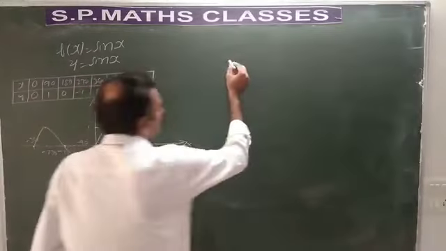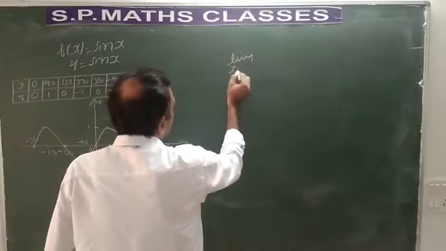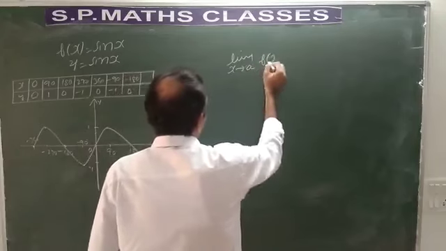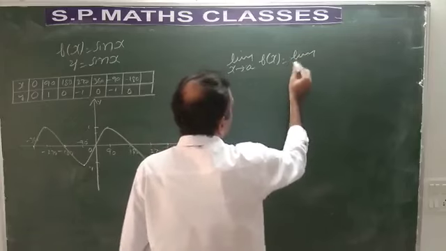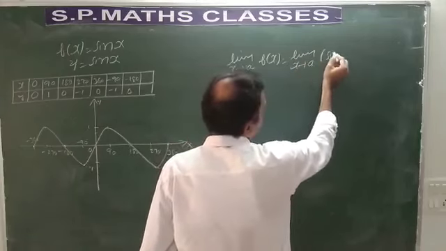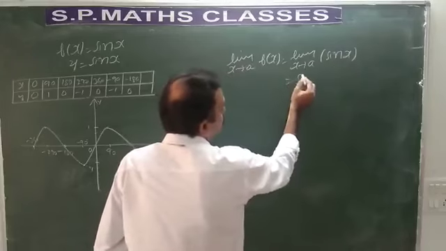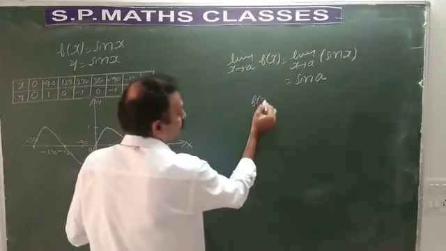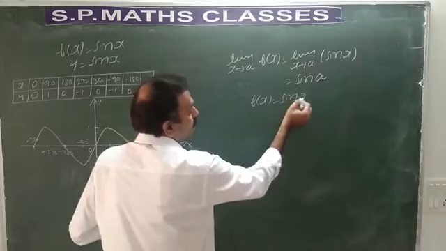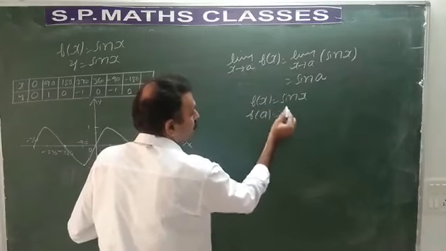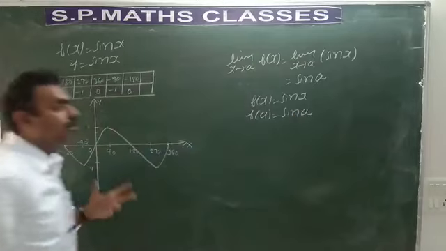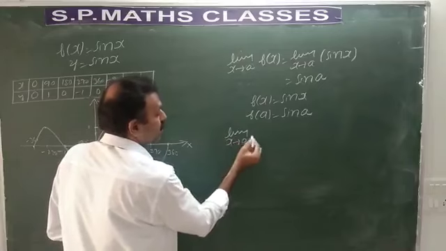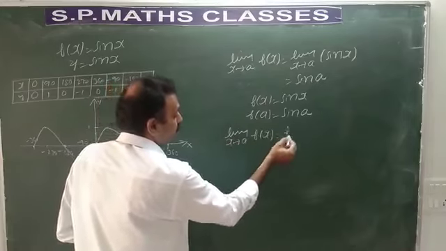How to verify here? Limit as x tends to a of f of x, where f of x is sin x. When you substitute, you will get sin a. Now, f of x is equal to sin x, so what is f of a? F of a is equal to sin a. So we can conclude that limit as x tends to a of f of x is equal to f of a.